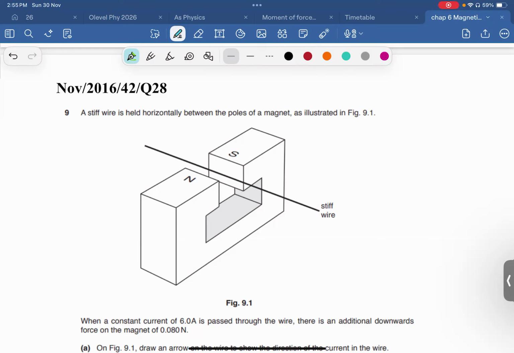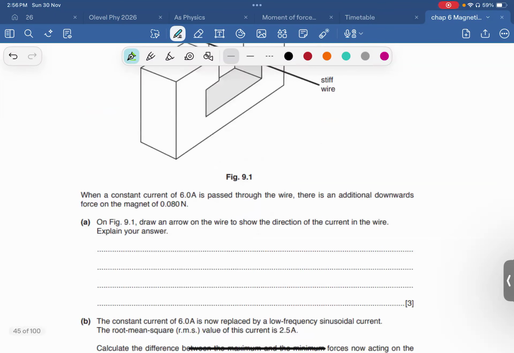A stiff wire is held horizontally between the poles of a magnet, as illustrated in figure 9.1. When a constant current of 6 amperes is passed through the wire, there is an additional downward force on the magnet of 0.08 newtons. On figure 9.1, draw an arrow on the wire to show the direction of the current in the wire. Explain your answer.